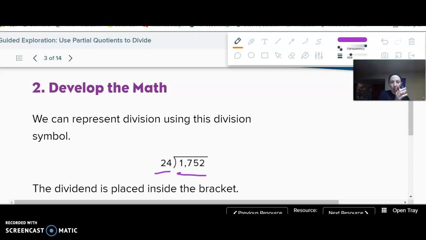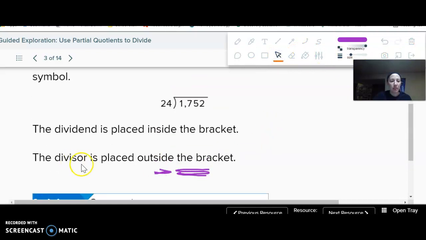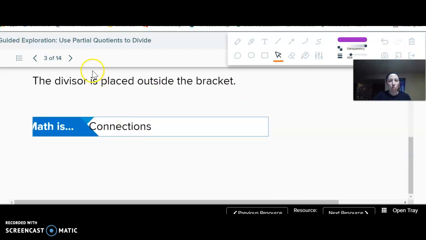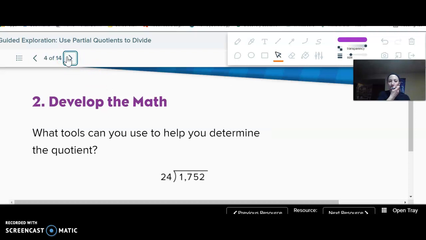The groups we're splitting it up into go on the outside. So when I read it, I still say 1,752 divided by 24. So I kind of read it backwards. The number inside is called the dividend. The number outside is called the divisor. I always remember because the divisor has an O for outside. Otherwise, I tend to get those words mixed up.